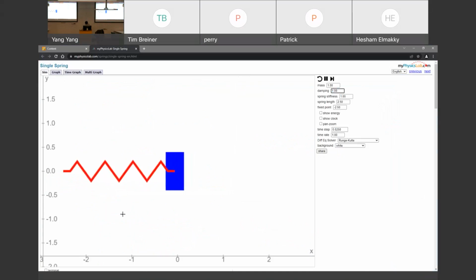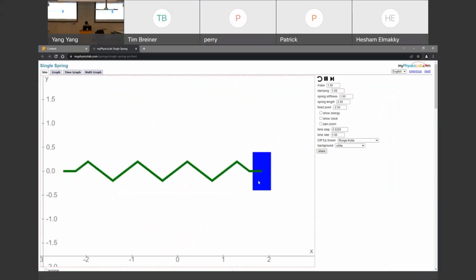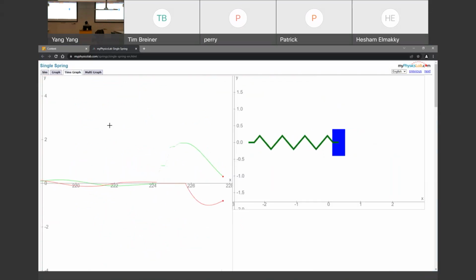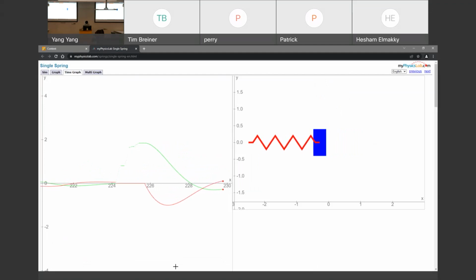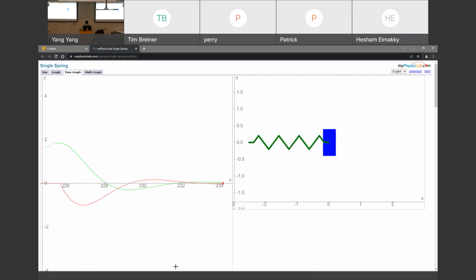And then let's see what will happen here. Basically, you will not see any periodic response. With critical damping, we do not have to discuss the natural frequency because there is no periodic response here.